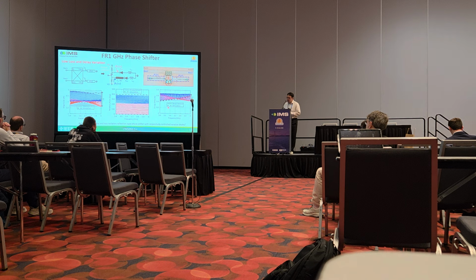So this is a phase shifter for the FR1 gigahertz range. For 5G, Korea is at 3.5 gigahertz, so we developed the circuit at the 3.5 gigahertz range. This is a general reflection-type phase shifter. By changing the load, we get an input-output phase change. This is how the load looks. Another thing is, when we change this phase, we don't want much insertion loss variation.